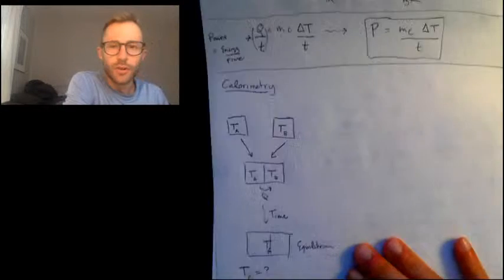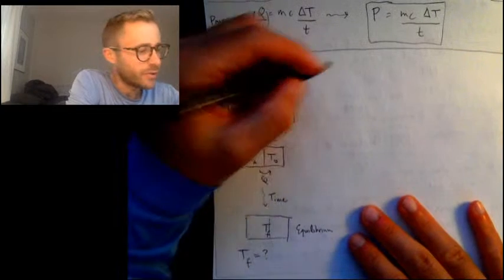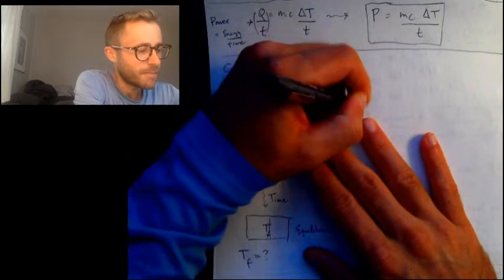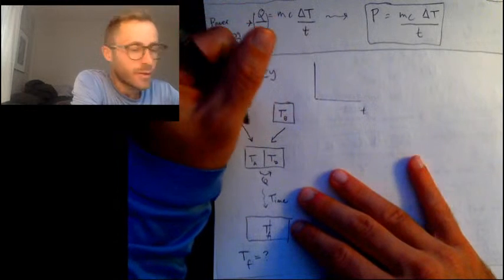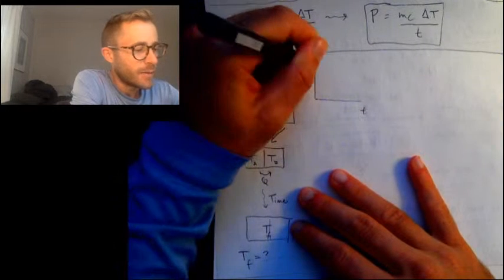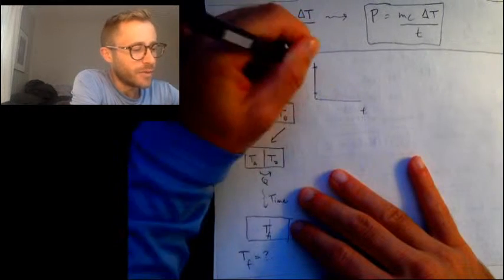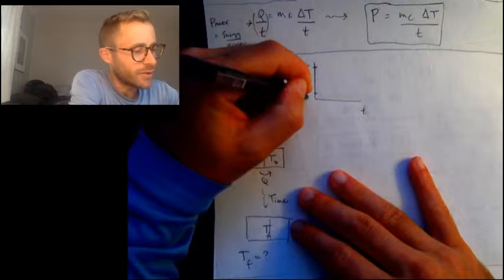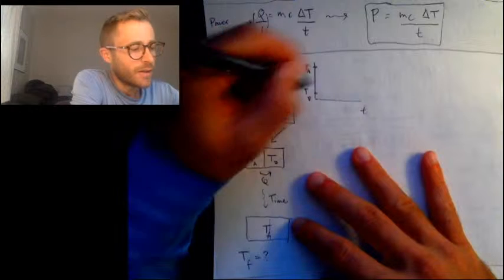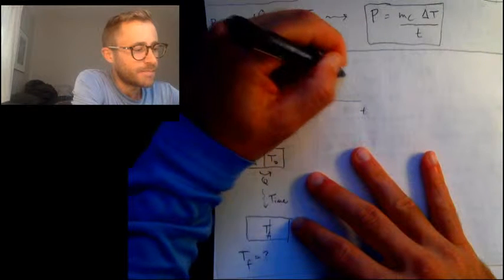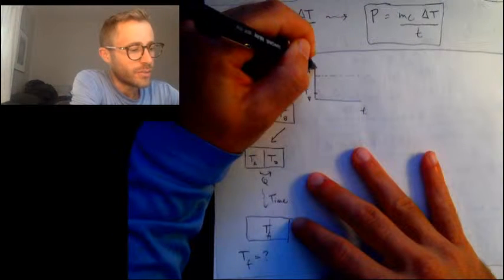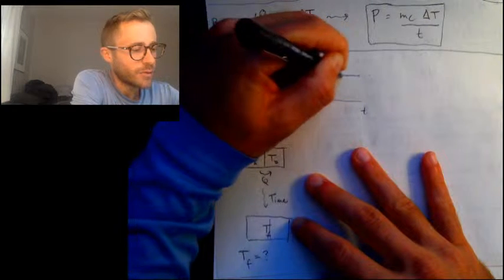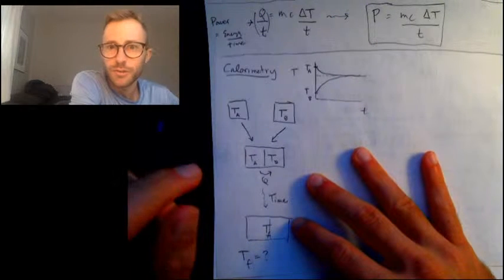If we were to do a graph of temperature versus time, maybe A starts at this temperature and B starts at this temperature at time 0. Then as time goes on, their temperatures will reach a value that is common to both of them, and that's when they reach equilibrium.